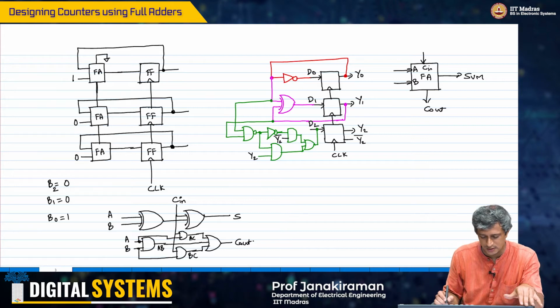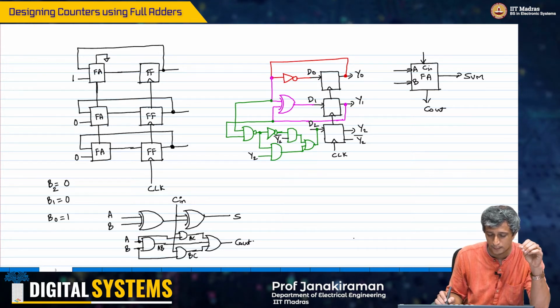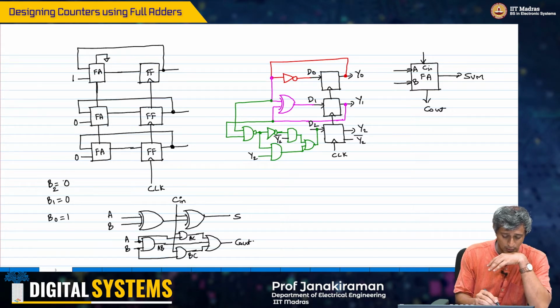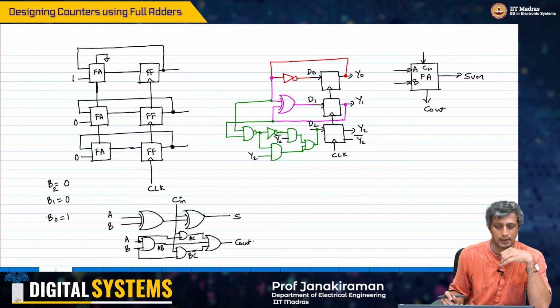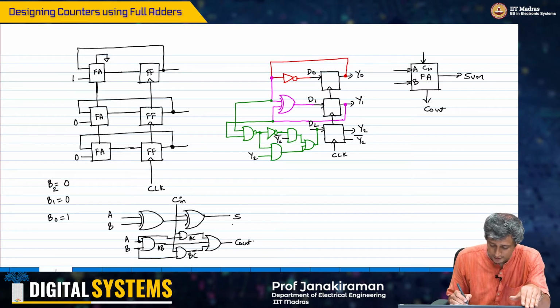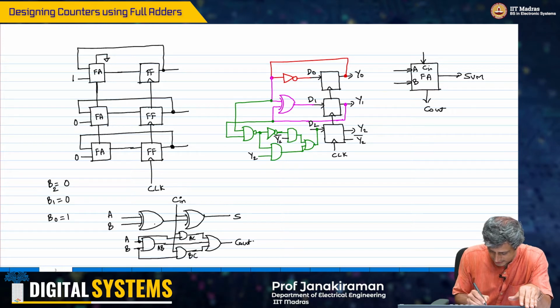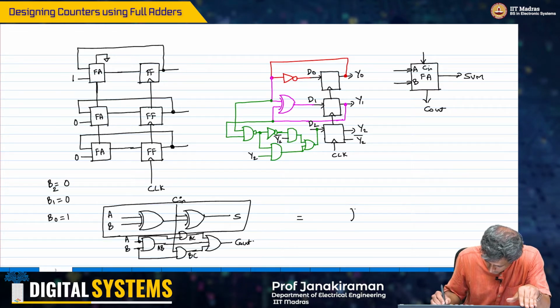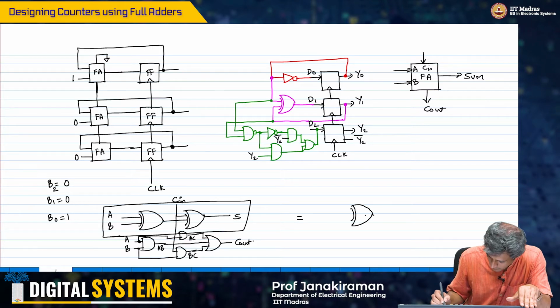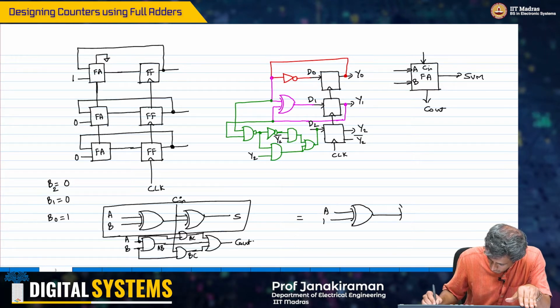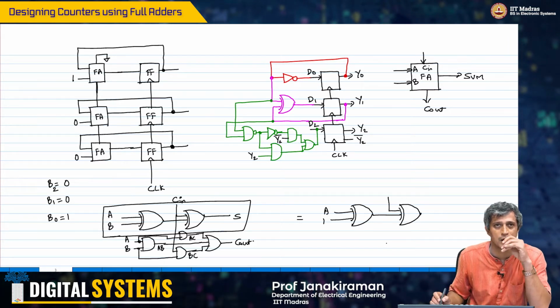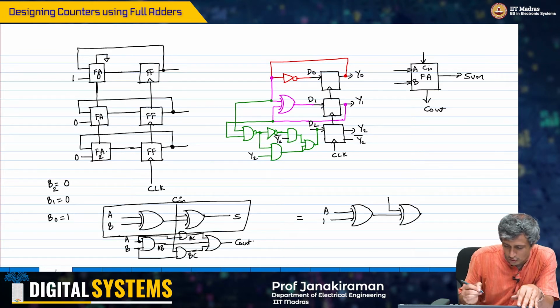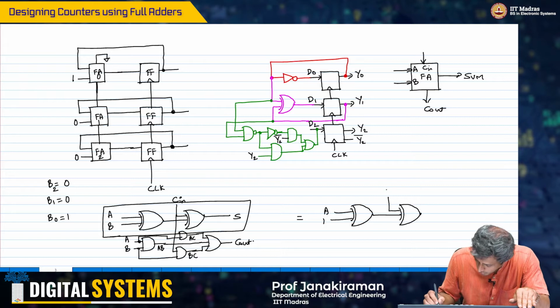So the first thing you note is, the moment you actually do B0 equal to 1, then what you get here effectively in this sum circuit is that this will become an XOR of the A input and 1, and remember that the first full adder's carry in is 0, so this is also 0.